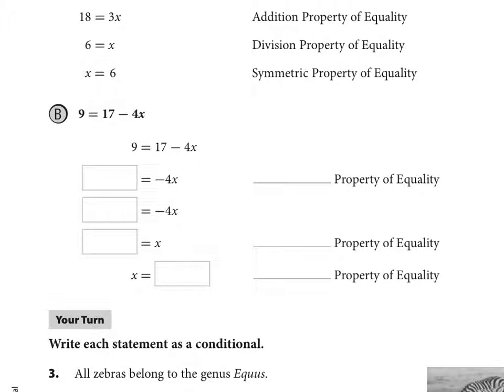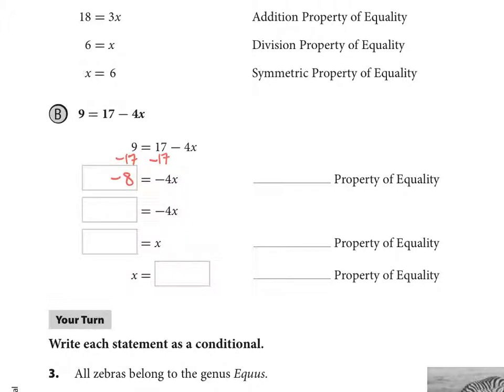we have 9 equals 17 minus 4x. If we're going to solve this for x, the first thing that we're going to do, it looks like, is subtract 17 on both sides. I'm going to throw this step in here so that we can see what's going on. And I get negative 8.